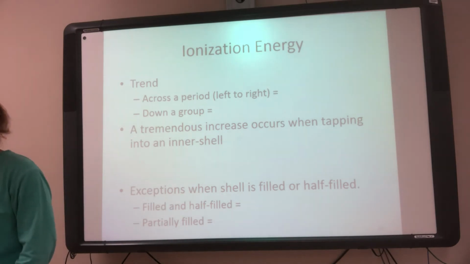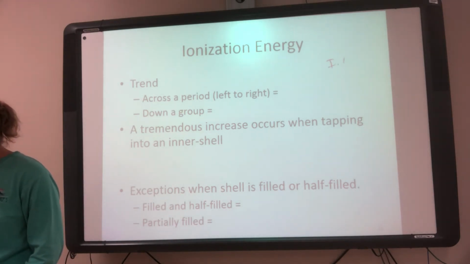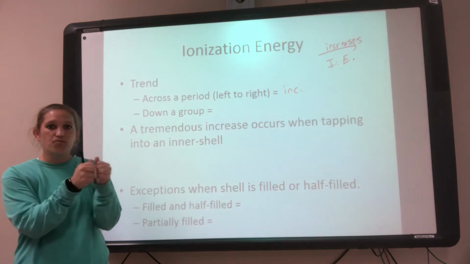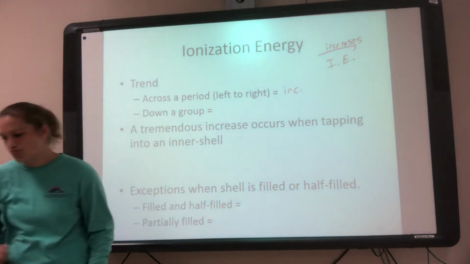So there's a trend. If you wanted to know the ionization energy trend, the trend is that as I go from left to right, it increases. That's due to the effective nuclear charge increasing. As those electrons feel the protons more, it's hard to remove them.